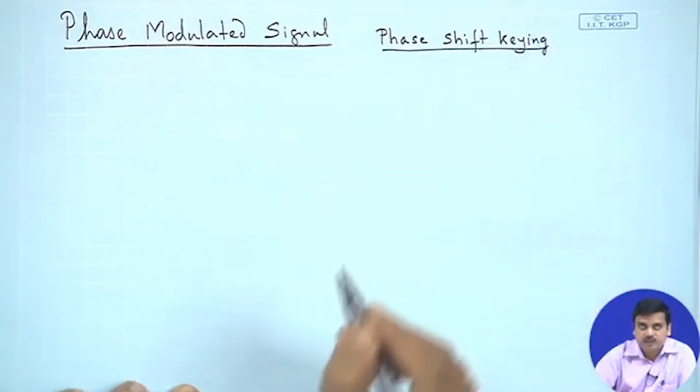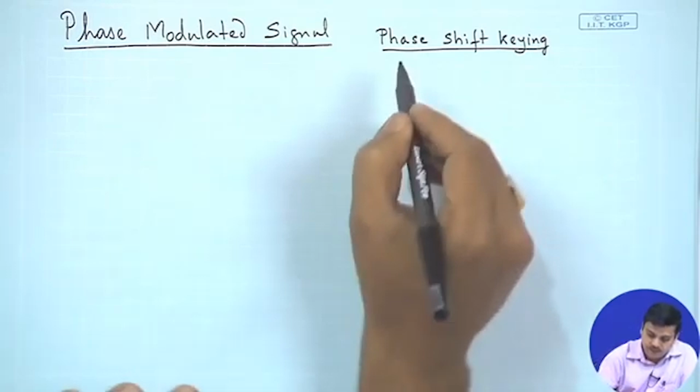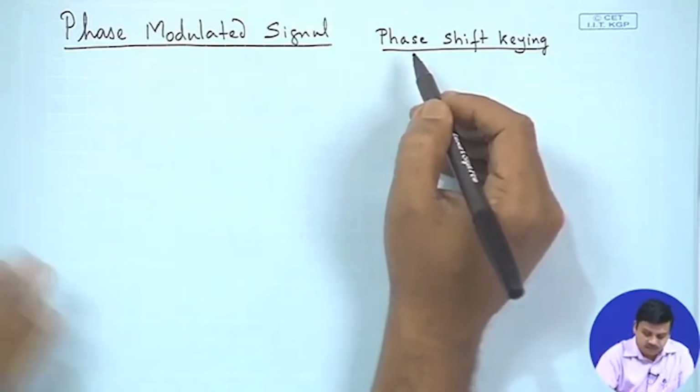Like in the previous case, we would call amplitude shift keying, here we would call it phase shift keying.